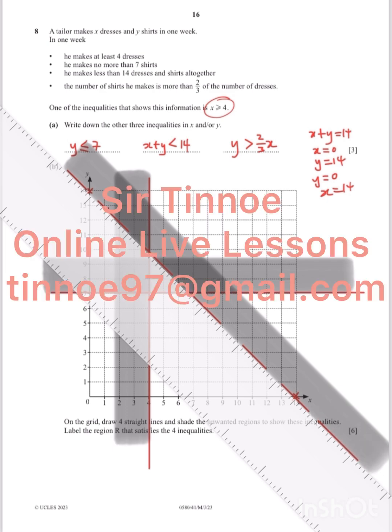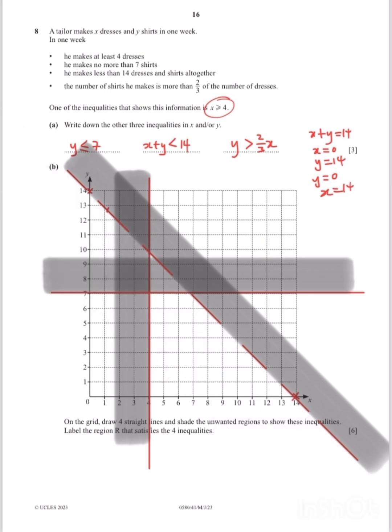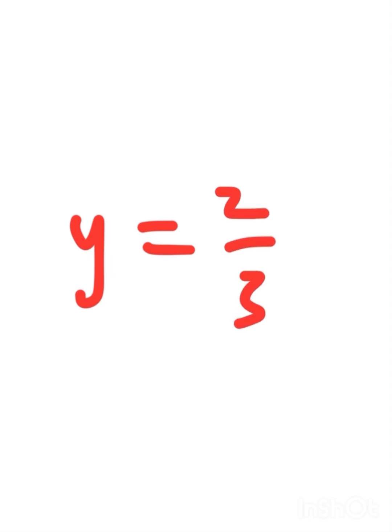So then I come on the last inequality, which is saying that y is greater than 2/3x. So if y is greater than 2/3x, I'll pick random values so that I can make my coordinates. So I'll say that y is equals to 2/3x.